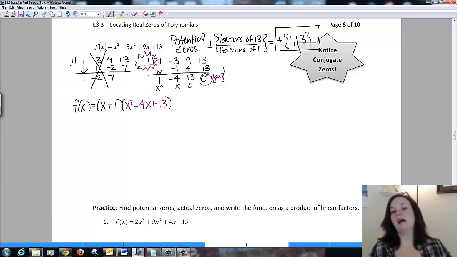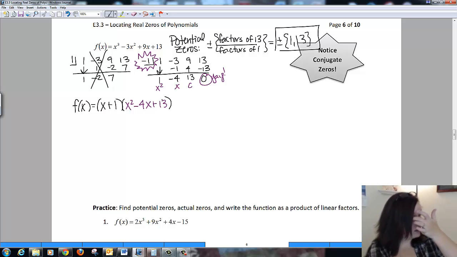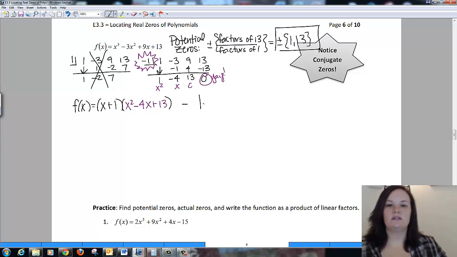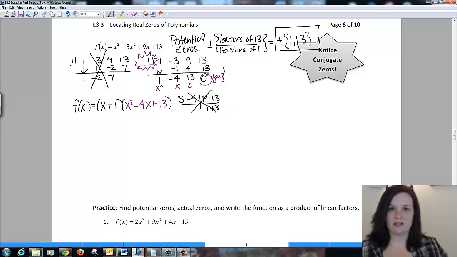So I just need to factor this last one to see what I end up with. So notice, if I want to do sum product, I need something that combines to negative 4 that multiplies to 13. And the only thing I can get to multiply to 13 is 1 and 13. And that doesn't work to combine to negative 4. So this one's not factorable, so I'm going to use the quadratic formula.